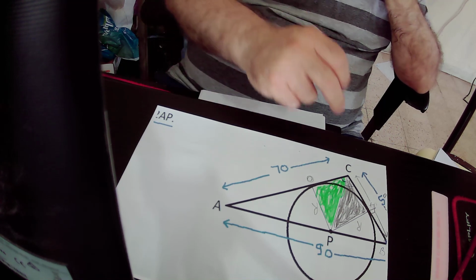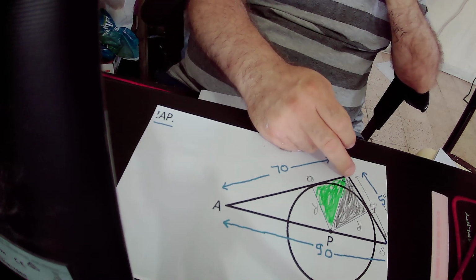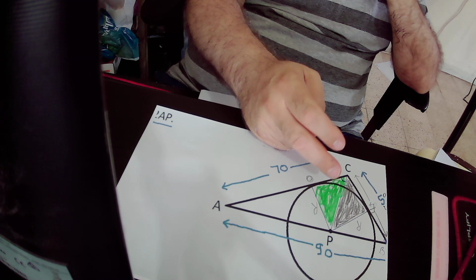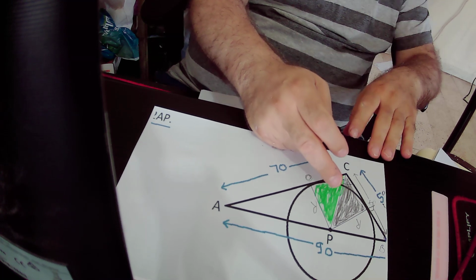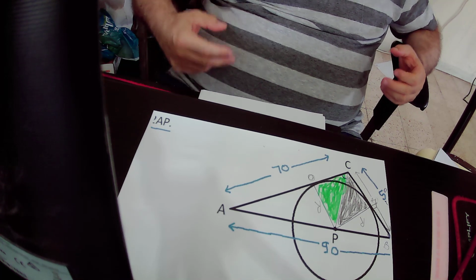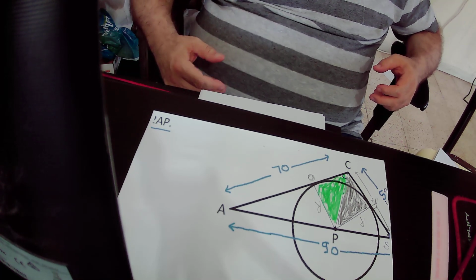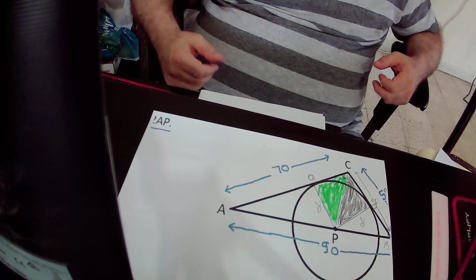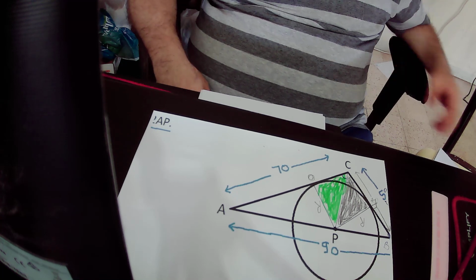For that reason, this angle equals this angle, or angle PCO equals angle PCE, according to the rule that corresponding angles in congruent triangles are equal to each other.